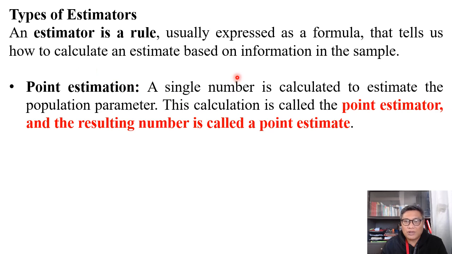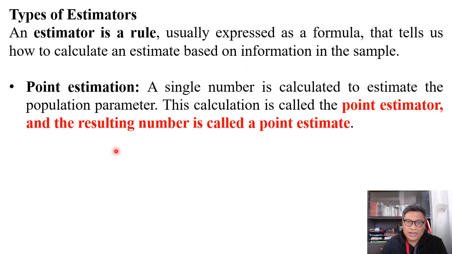Usually it's a formula that tells us how to calculate an estimate based on the information in the sample. In other words, class, when we collect sample data, we usually solve for the mean or the standard deviation, or sometimes even use the percentage if we are counting the number of times. Okay, so those are the data that we usually describe based on the sample.